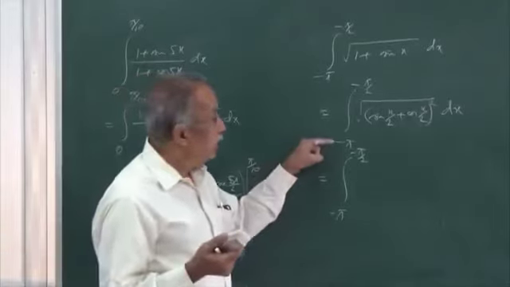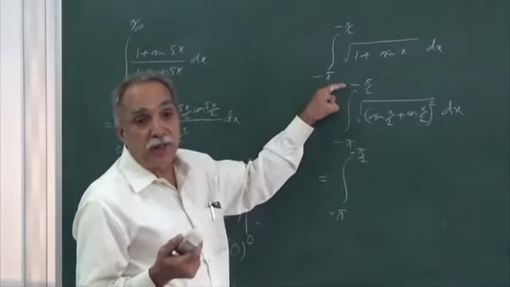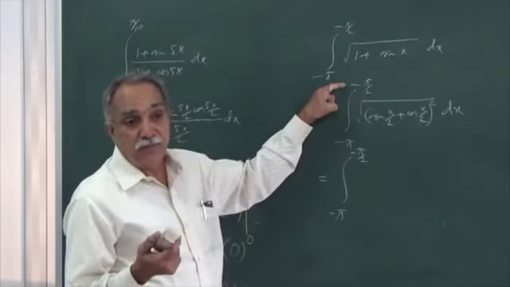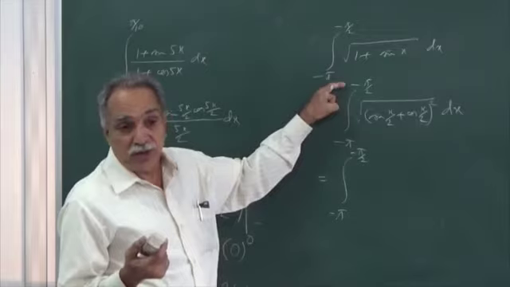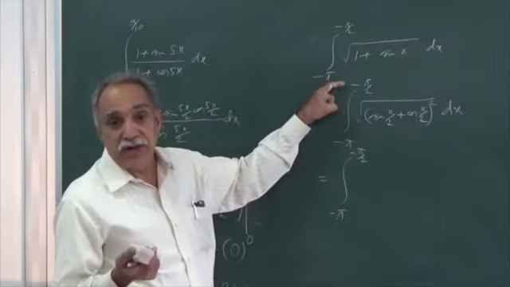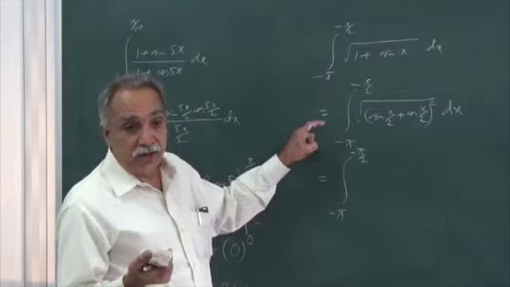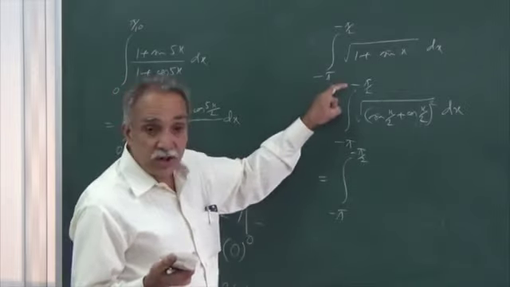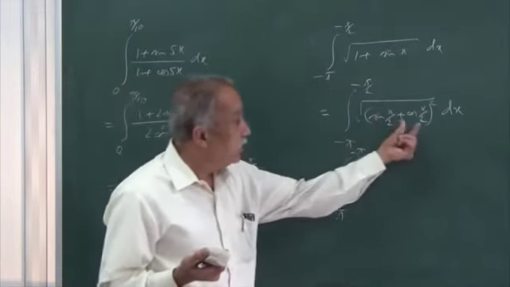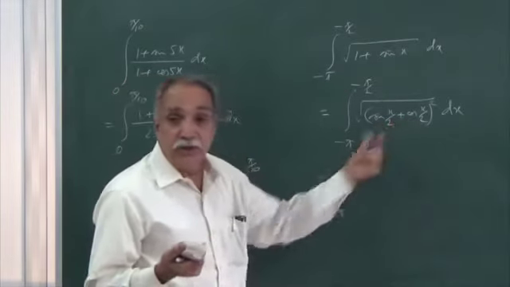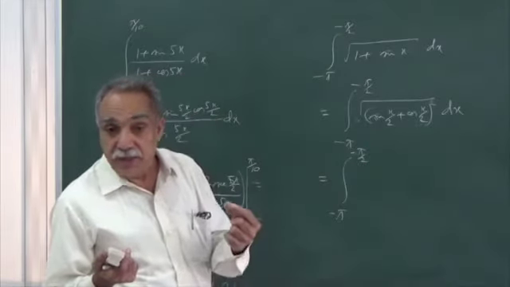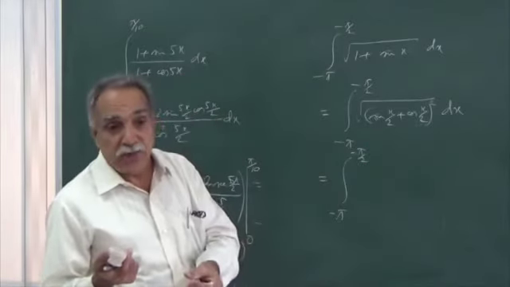Remember, your interval of integration is minus pi to minus pi by 2. Is not a part of the first quadrant, is actually which quadrant? Third quadrant. When x lies between minus pi and minus pi by 2, this argument x by 2 will be between minus pi by 2 and minus pi by 4.